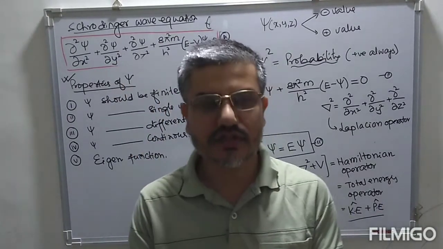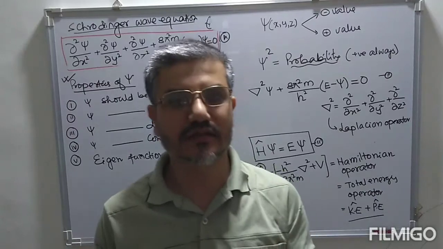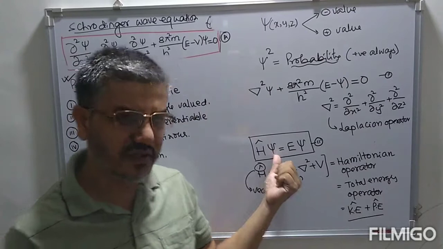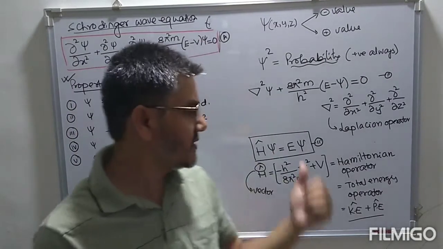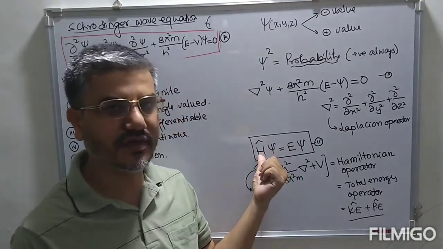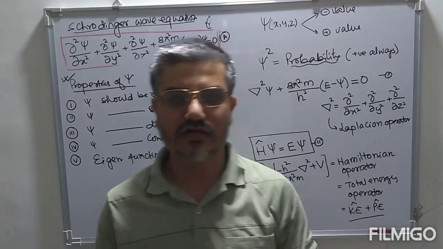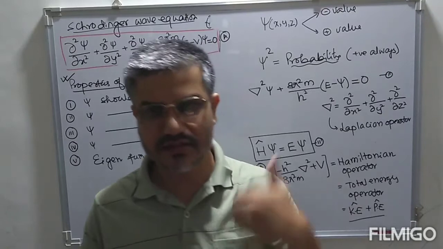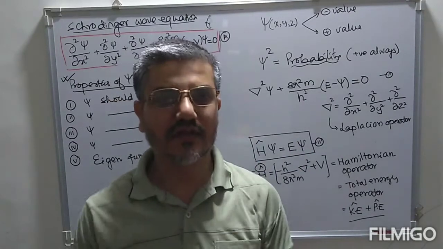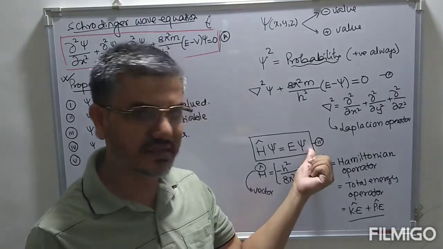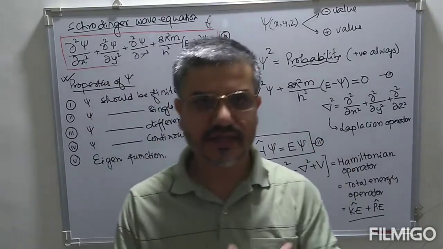If the driver drives the car, then this gives you some product. In the same way, this wave function represents the car, and the Hamiltonian operator represents the driver. So the driver is operating the car. When the driver operates the car, some output is given after completion of this particular work. Again, the car remains the same. So it is something like this.